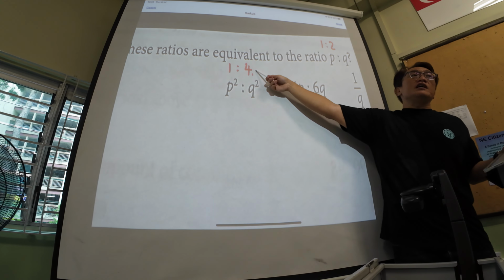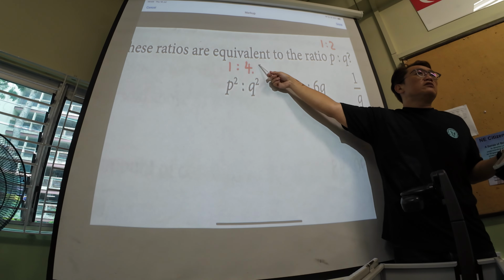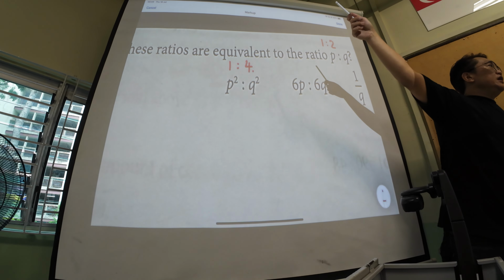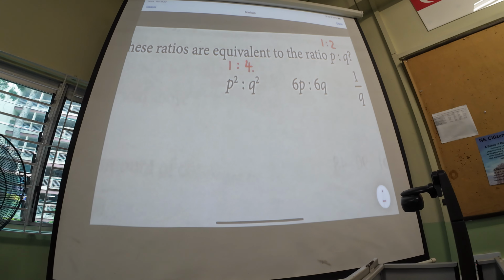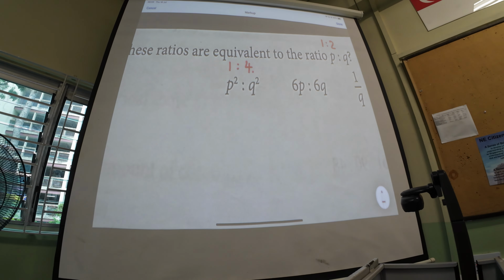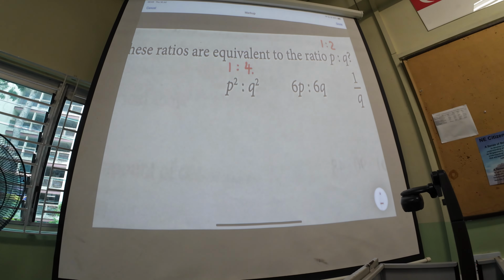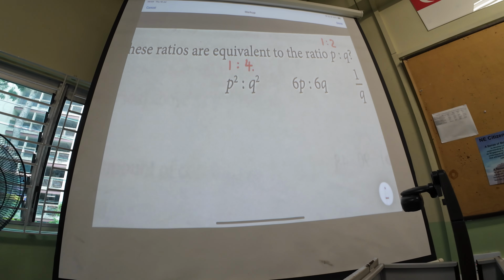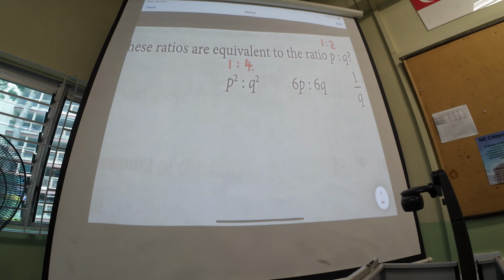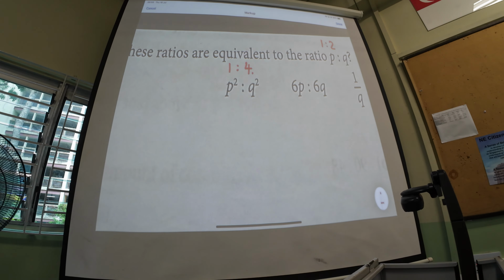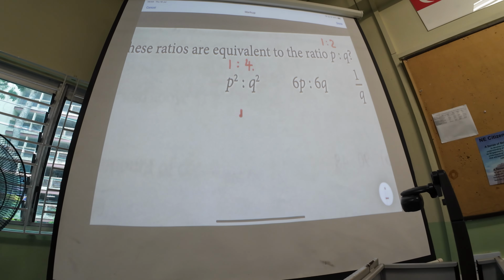Are they equivalent in ratio? Equivalent ratio means they must be the same proportion. 1 is to 2. The equivalent ratio will be 2 is to 4 and not 1 is to 4. Okay? So is this equivalent?